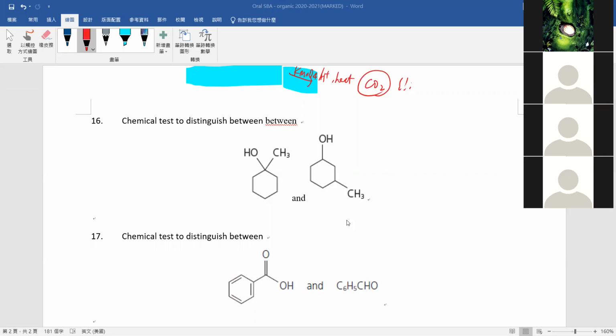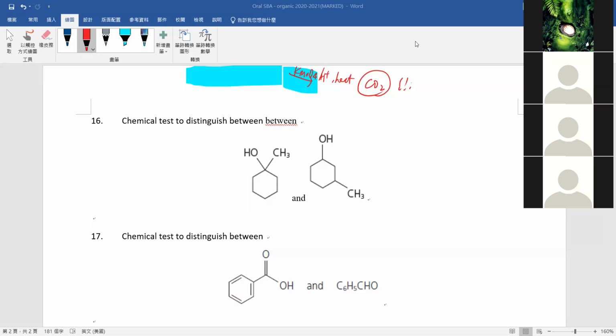Chemical test between the two. Lucas reagent.